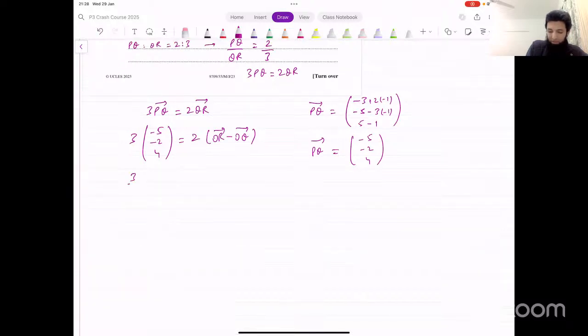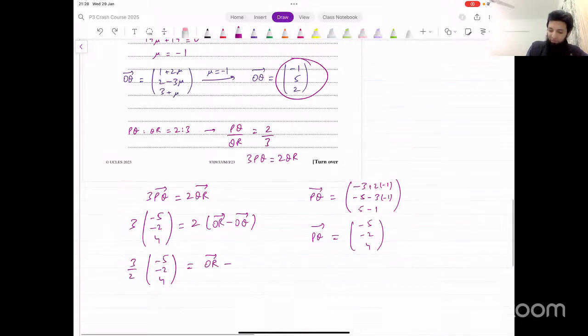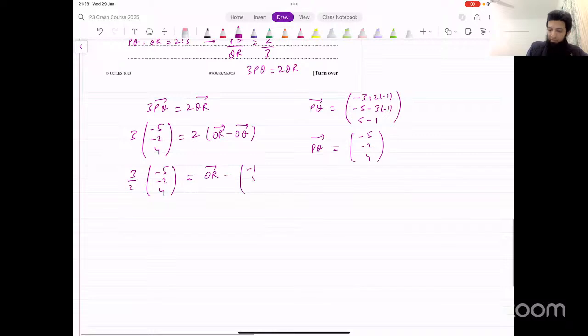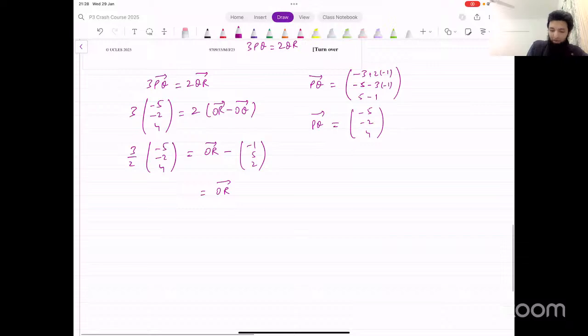It becomes 3/2 times (-5, -2, 4) equals OR minus OQ. What's OQ? This is OQ: -1, 5, 2. And now you can make OR the subject, and that will give you the result. OR equals 3/2 times (-5, -2, 4) plus (-1, 5, 2).